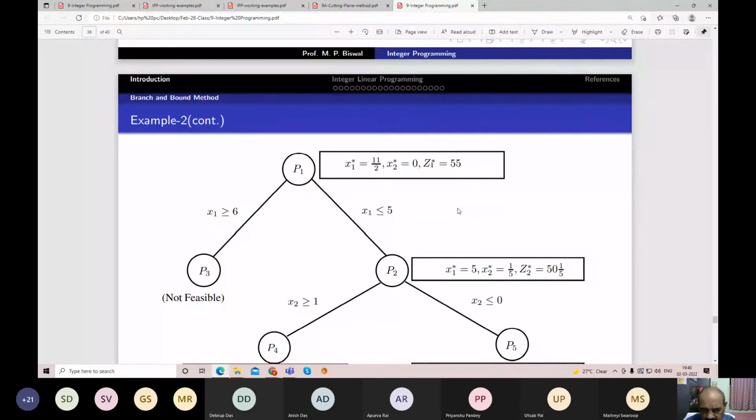Then the complement is x1 greater than or equal to 6 and x1 less than or equal to 5.